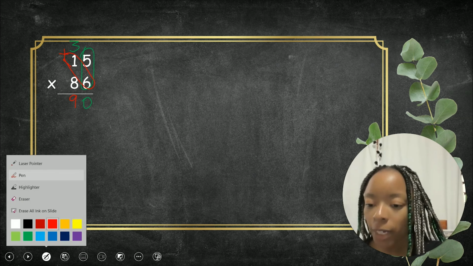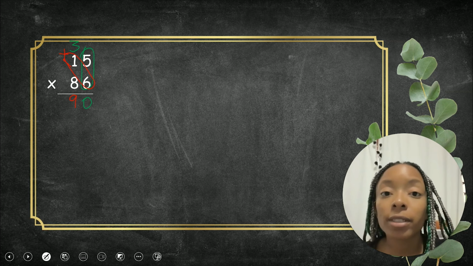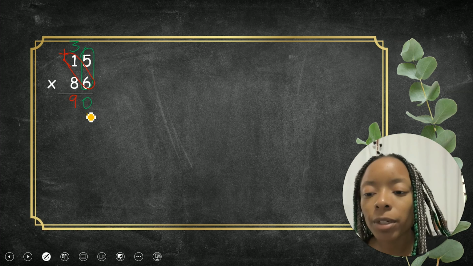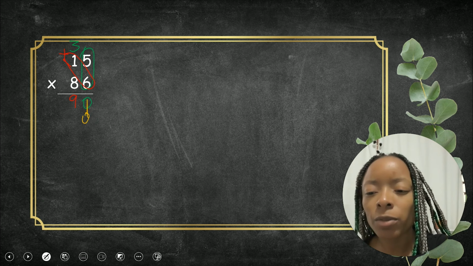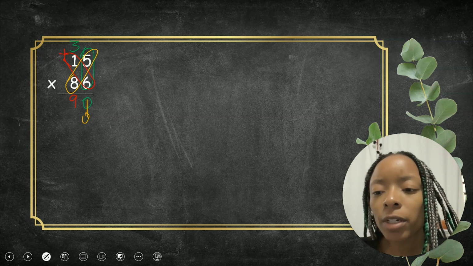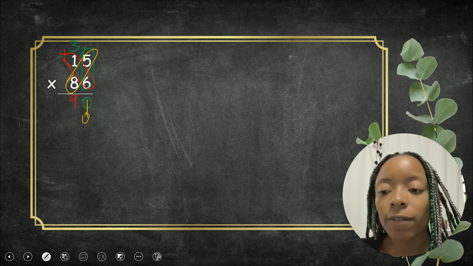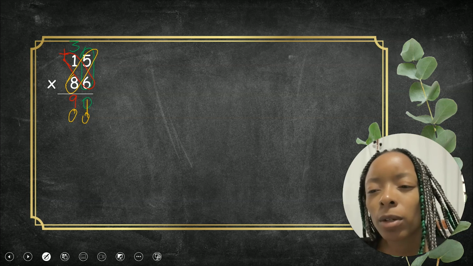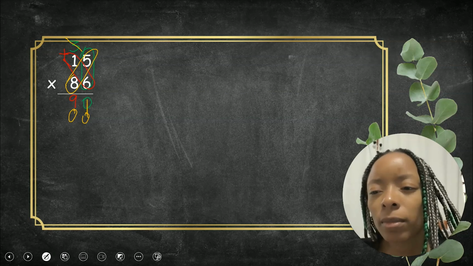Step 3, we want to multiply our second tens value by our first ones value. First, we're going to put our 0 down here since we're working with the tens. And we're going to circle the numbers that we're working with. 8 times 5 is 40. Place the 0. Cross out the 3 and write a 4.